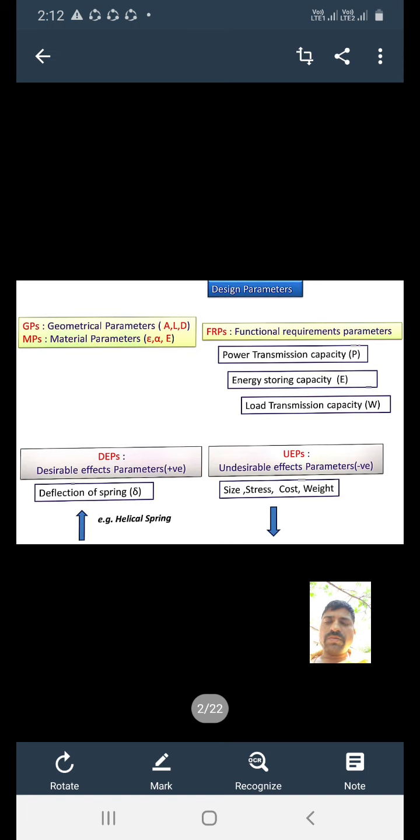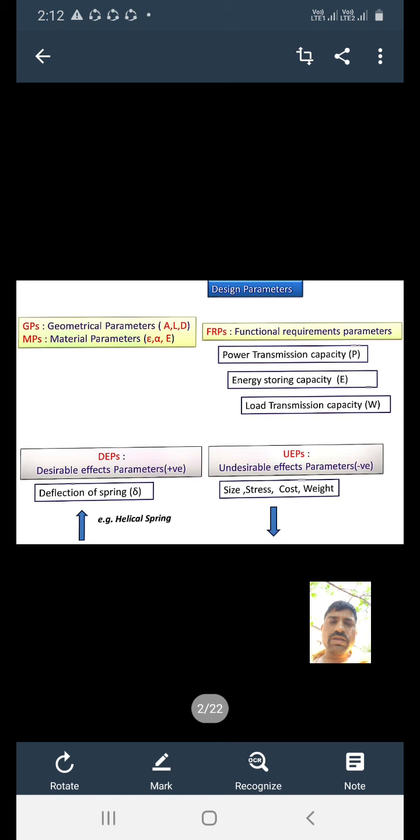Third, functional requirement parameters are primarily influenced by factors which are external to the element being designed. And the last: design equations of the functional requirement parameters are independent of both material parameters and geometrical parameters. Remember these four characteristics of the functional requirement.